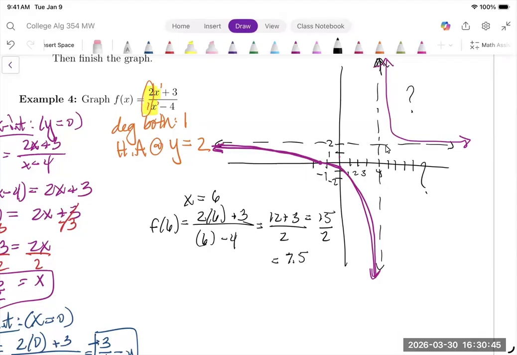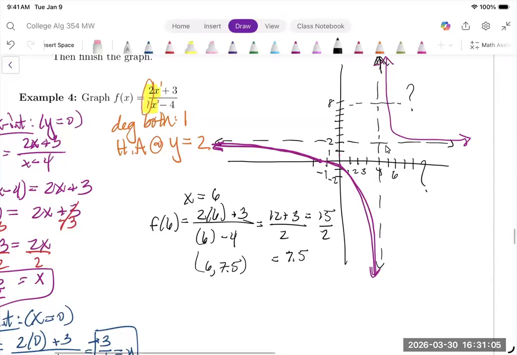So (6, 7.5) is a point. So my original estimate was pretty good. We want 6 to be somewhere along right there. Okay, 4, 6 here.